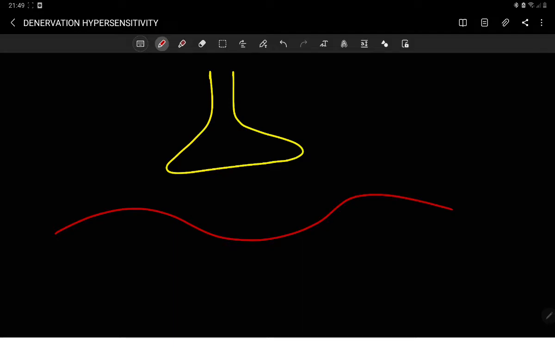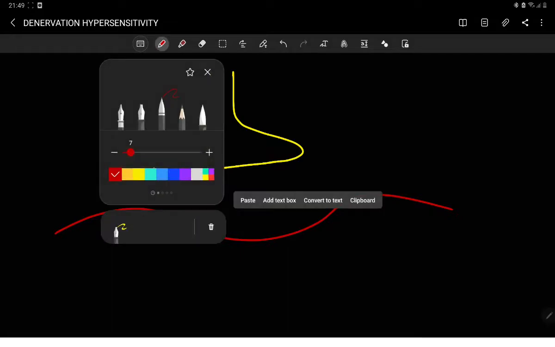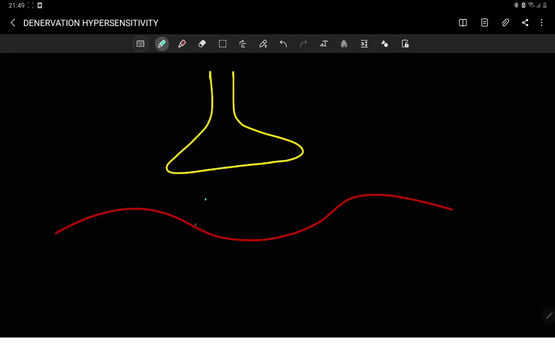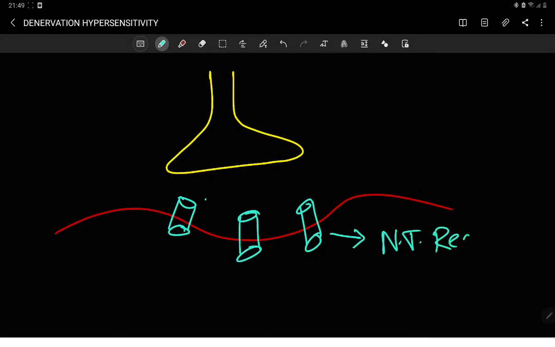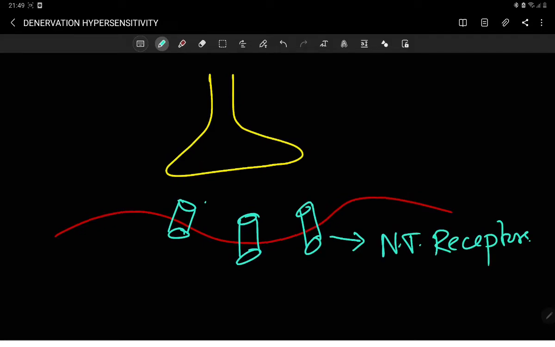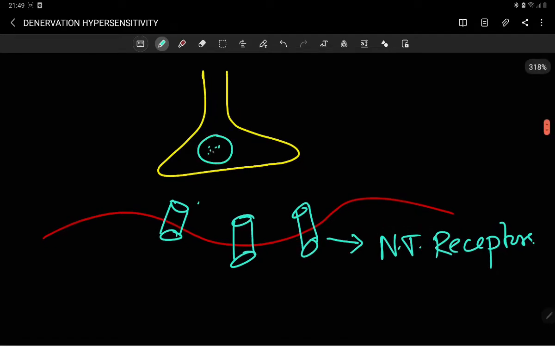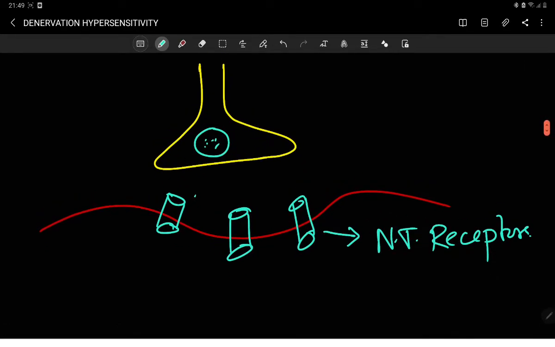There is the receptor for neurotransmitters. These are the neurotransmitter receptors at the motor end plate, and these are the vesicles containing neurotransmitter. Now normally, the neurotransmitter is released at this level, which is called the synaptic cleft.